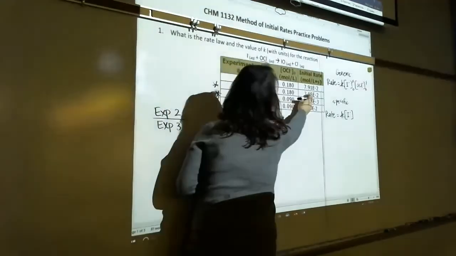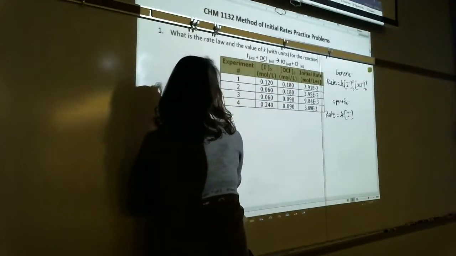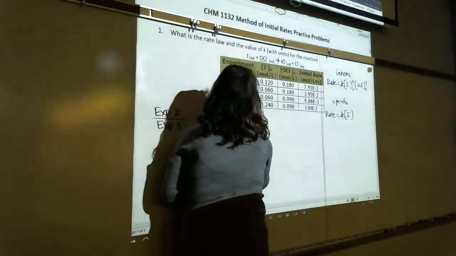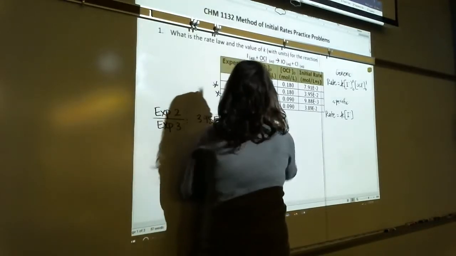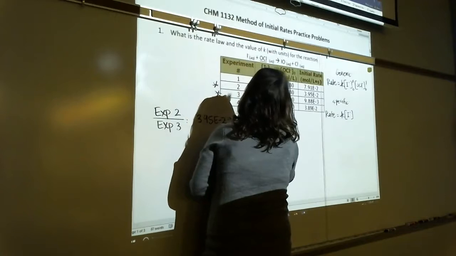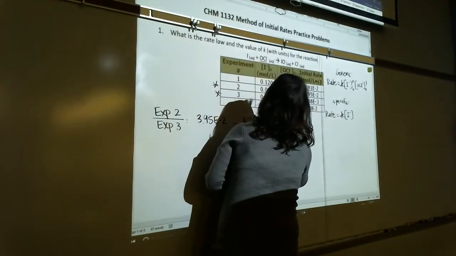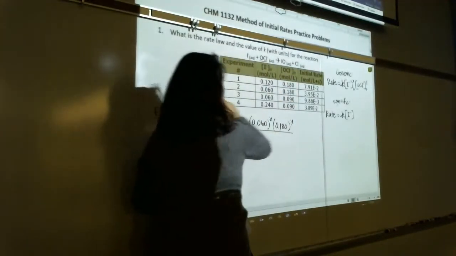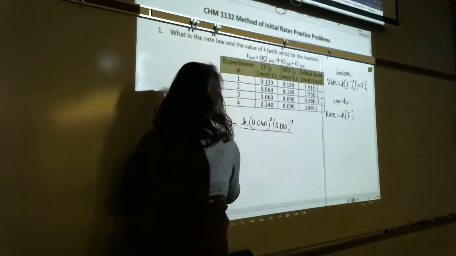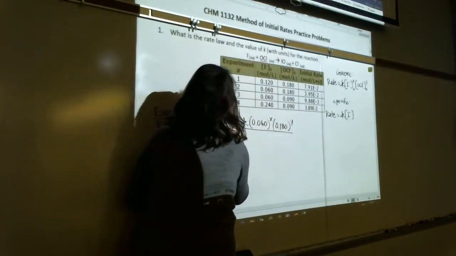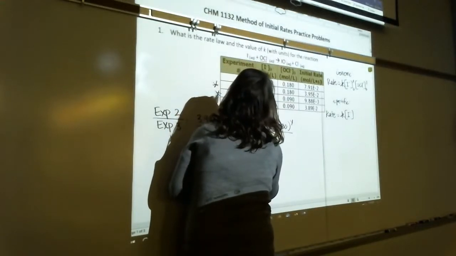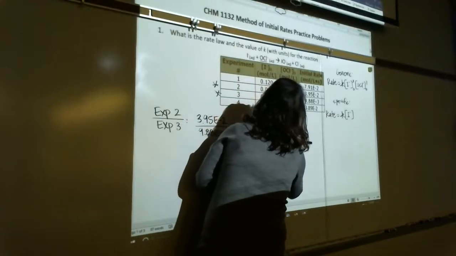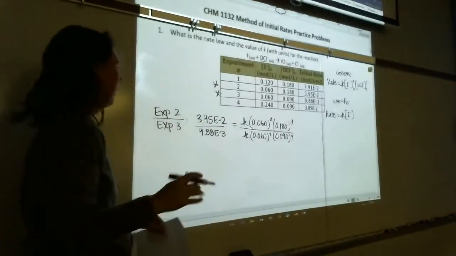Okay, so plugging it in, rate is equal to 3.95 times 10 to the negative 2. Rate equals K times 0.060 to the X, 0.180 to the Y. Dividing that by trial 3, rate equals 9.88 times 10 to the negative 3, K, 0.060 to the X, 0.090 to the Y. Now we just do our simplification.